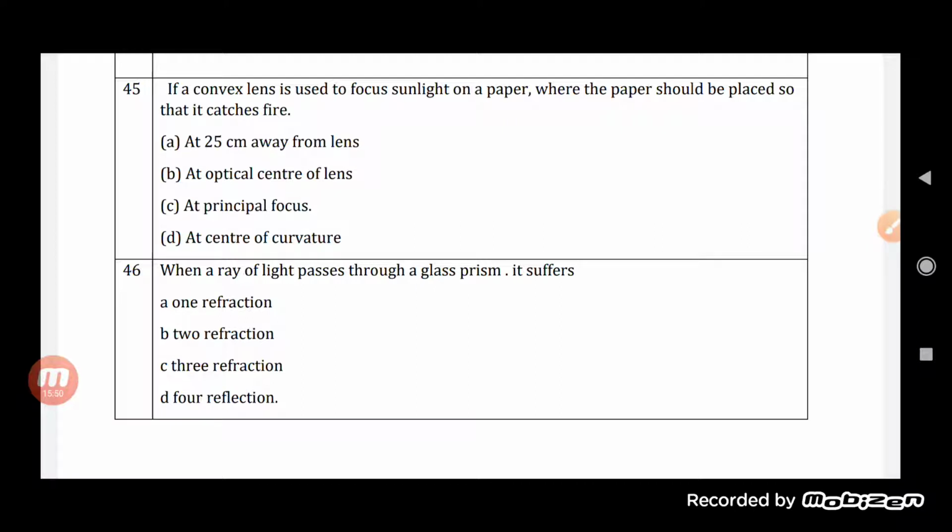So if we keep the paper at the principal focus, then we can say the paper will catch fire, because all the light rays will converge at a point at the principal focus. Okay, so the answer will be C.